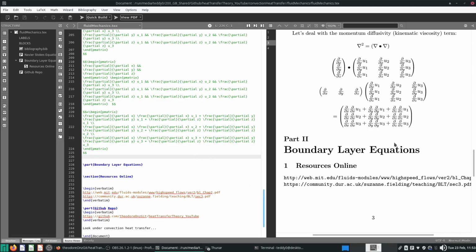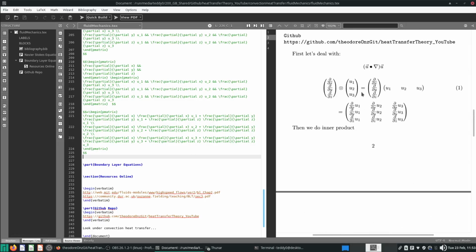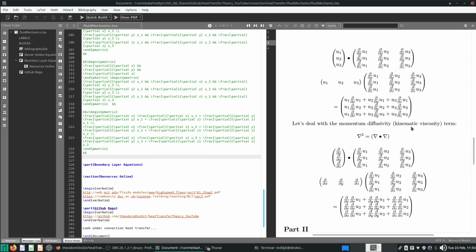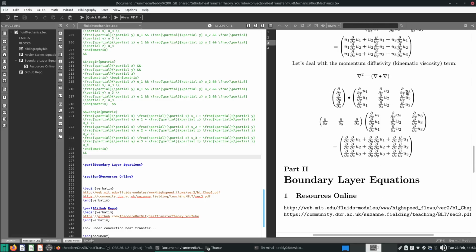Okay, we are discussing laminar flow boundary layers, and we just went through some extensive tensor multiplication. Let me check the volume. Okay, that's good. We took the divergence of a rank 2 tensor, meaning it has i and j indices, basically a 2D tensor, which can look like a 2D matrix.